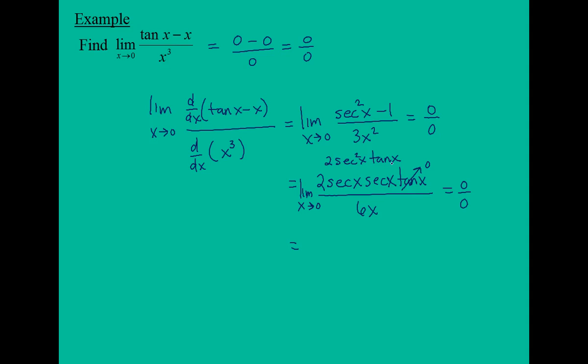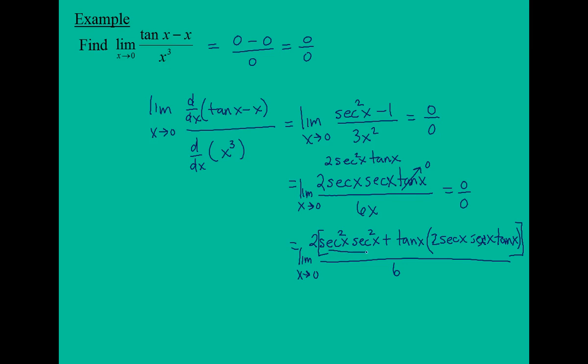So if we apply L'Hopital's rule again, we would have the first times the derivative of the second plus the second times the derivative of the first, which would be 2 secant x, and then the derivative of the inside function would be secant x tangent x, and the derivative of the denominator is 6, and we're taking the limit as x goes to 0.